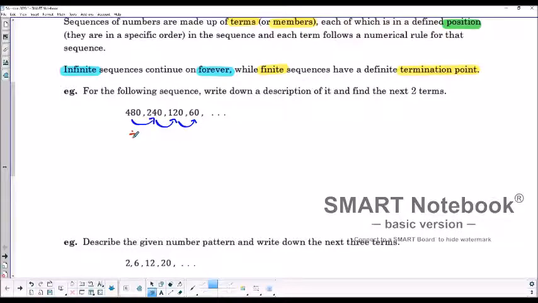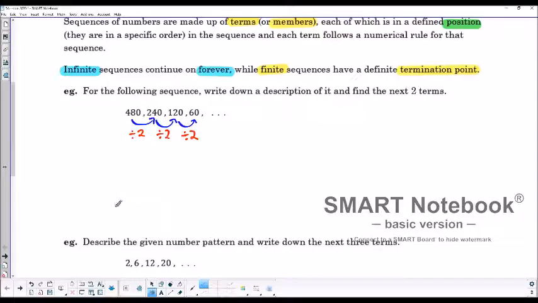So basically, it's divided by 2 each time. 480 divided by 2 is 240, 240 divided by 2 is 120, 120 divided by 2 is 60. So I think we're pretty comfortable that that would be the correct description of what's going on.